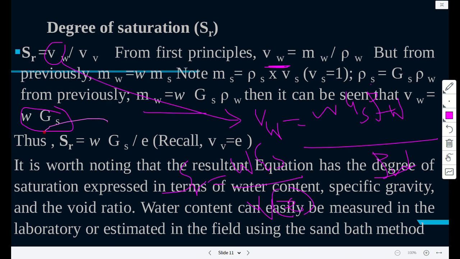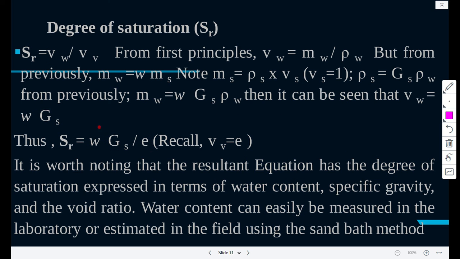So you should not see a difficulty why that is correct. Like I've said, the degree of saturation would be quite difficult to measure in the laboratory. But we can measure water content, the specific gravity, and the void ratio, so you will know the degree of saturation very easily.